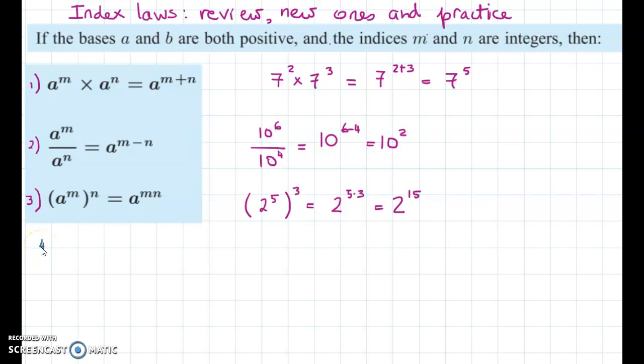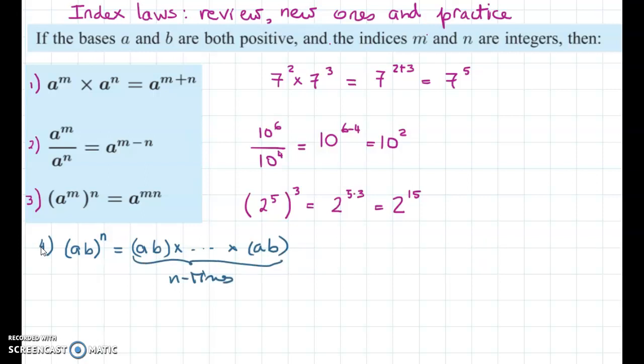For number 4, we consider the following case. We are multiplying two numbers a and b, and then we are considering the power n of that product. So what I'm saying over here is that I'm multiplying ab times ab, and so on, n times.